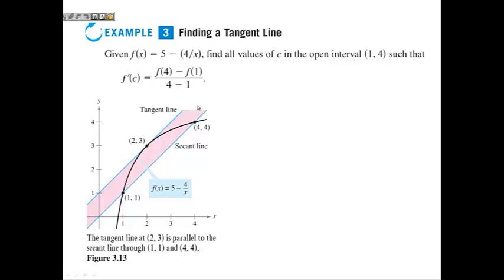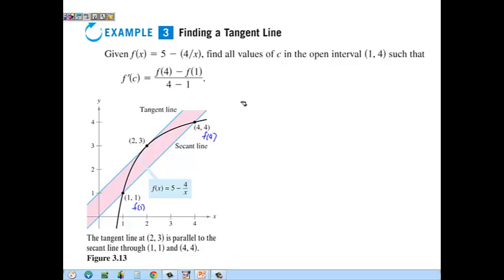So first we need to find this. So we're going to find f of 4. f of 4 is 4. This is f of 4, right? And this is the 4, and this is f of 1. So they happen to be the same because this line right here is x equal to y.